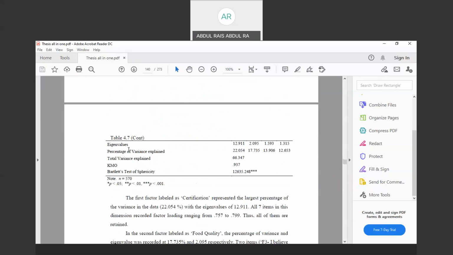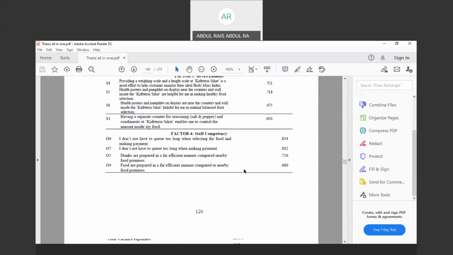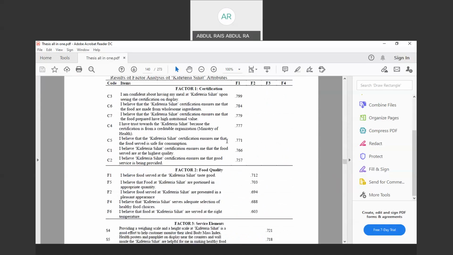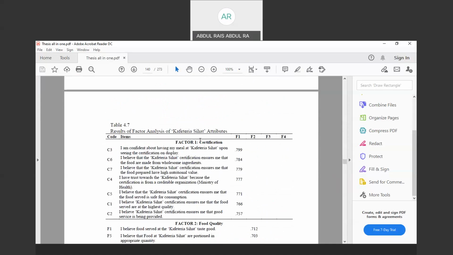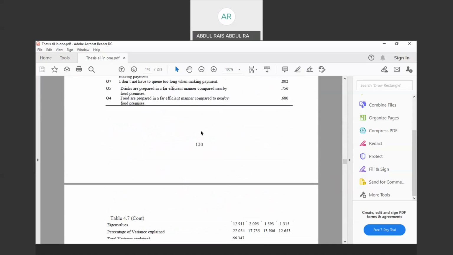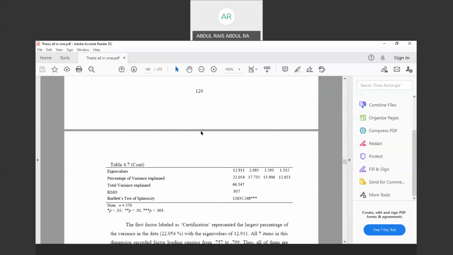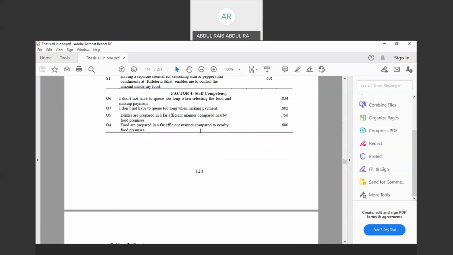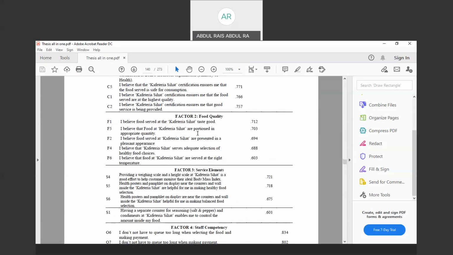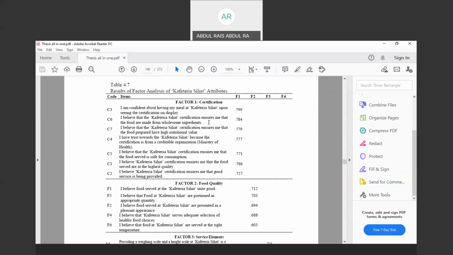We look at the eigenvalue, the percentage of variance, total variance explained, KMO, and Bartlett's test. All of these numbers show that all dimensions inside cafeteria and attributes are valid and fulfill the requirements, meaning they all represent their respective dimensions.